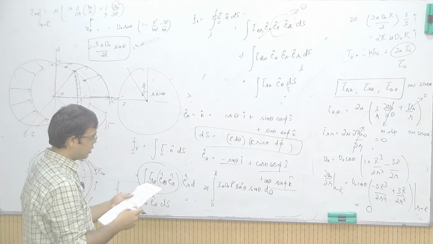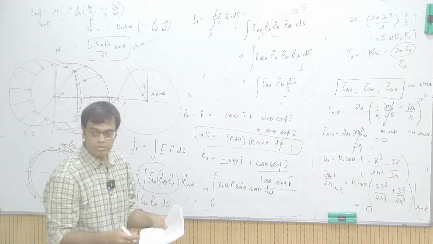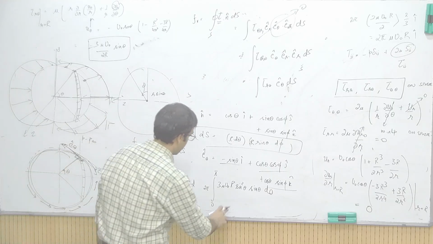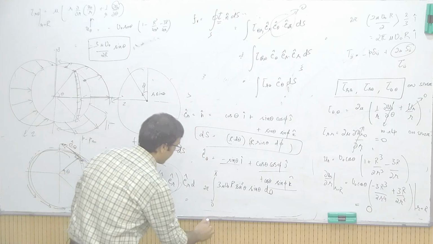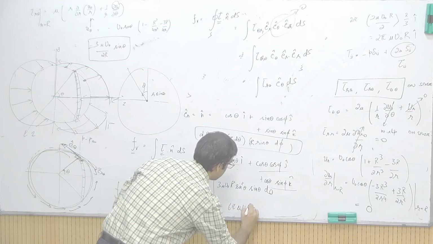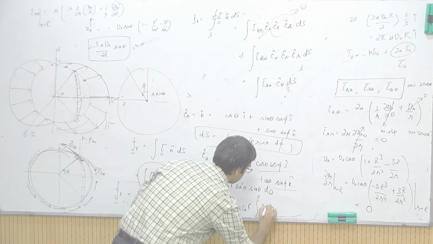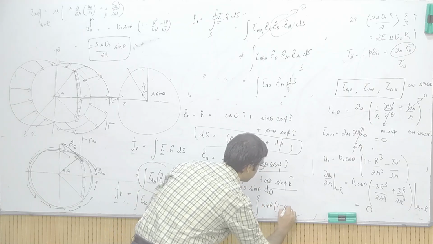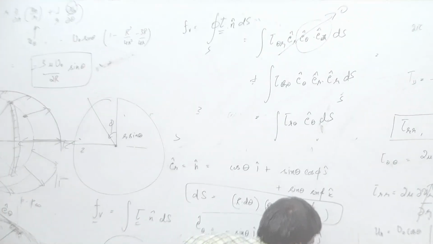So this is 6 pi mu u naught r, 0 to pi sine cube theta, which you can write as sine theta times 1 minus cos square theta d theta.